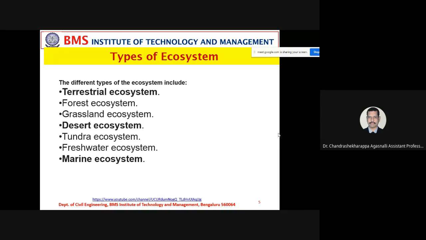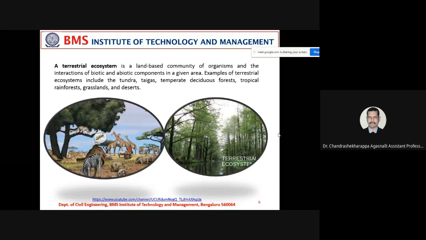You have seen almost all these ecosystems on television or in movies, though you might not have visited those places, and might not have noticed, oh, this is a terrestrial ecosystem, this is a grassland. You can easily see tundra ecosystems and marine ecosystems. These are the different types of ecosystems. Let's go one by one.